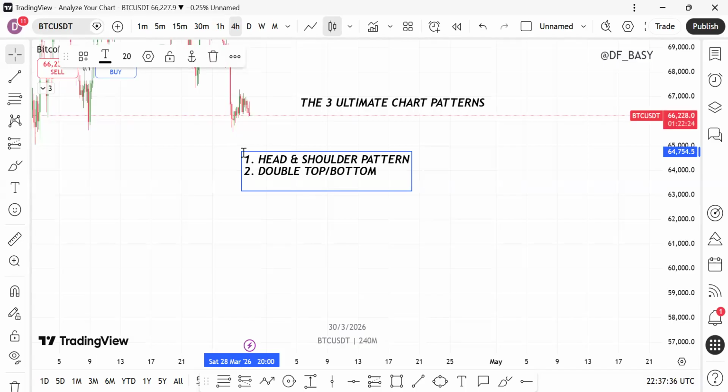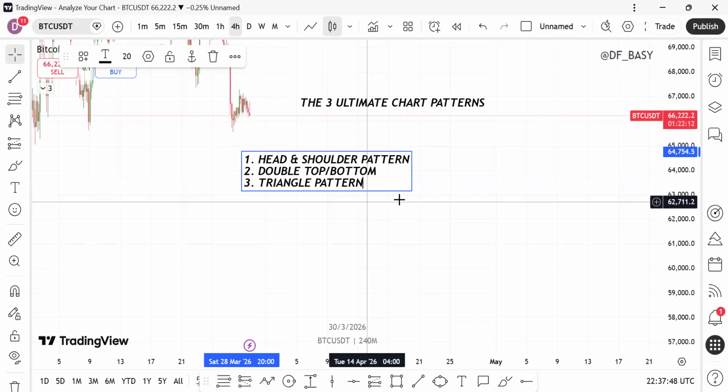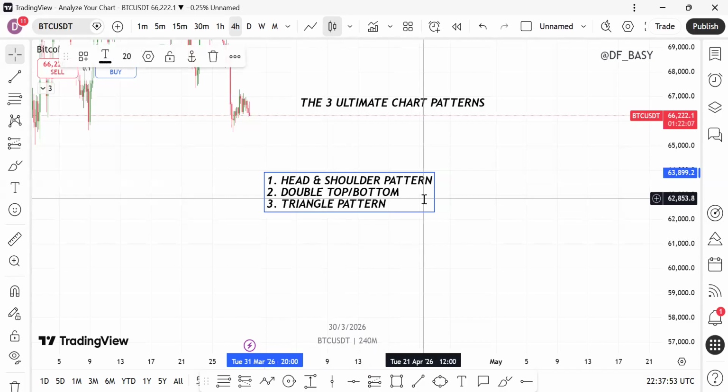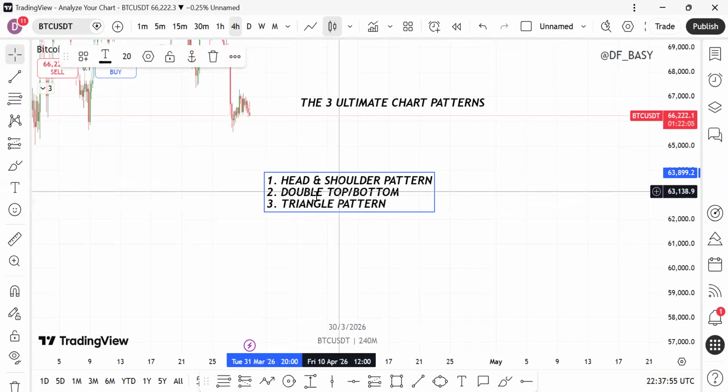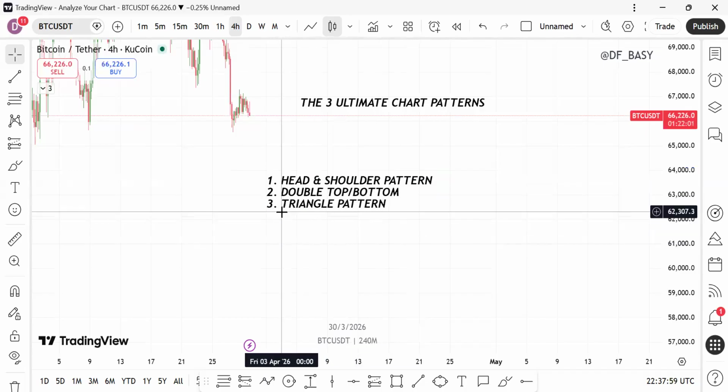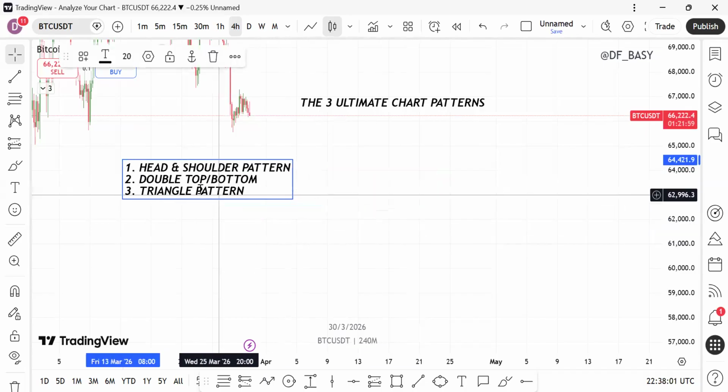Then lastly we have the triangle pattern. So the three patterns I'll be showing you here are: number one, the head and shoulder pattern; number two, the double top and double bottom; and number three, the triangle pattern.